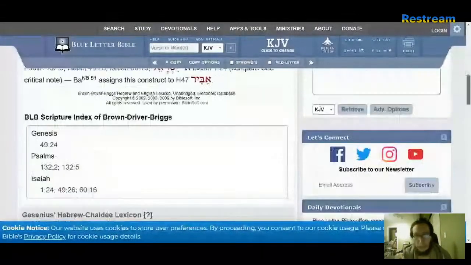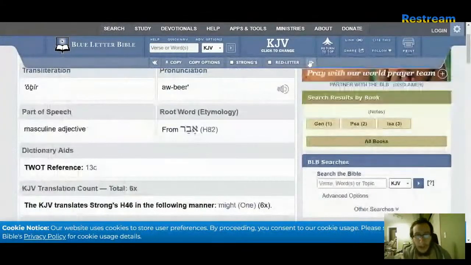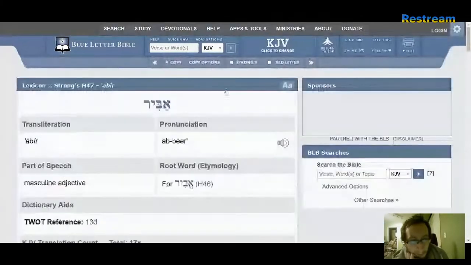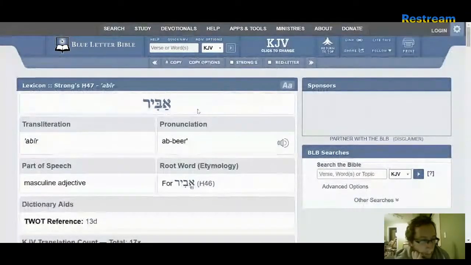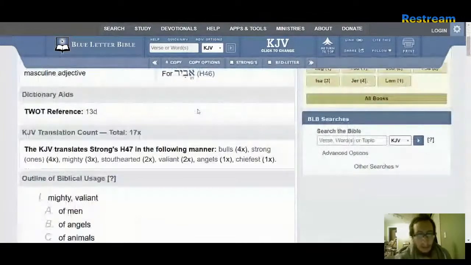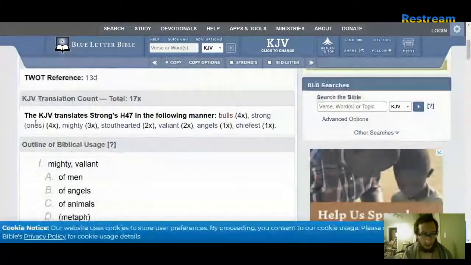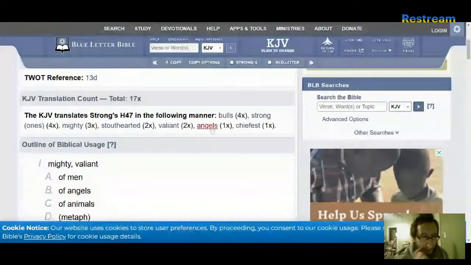All right, so now let me go to Blue Letter Bible. So we had the strong earlier, aber. Okay. 4 times as bulls, 4 times as strong ones, stout-hearted, valiant, angels. Let's see, what do they say for angels?